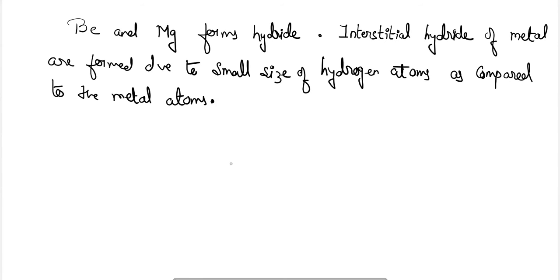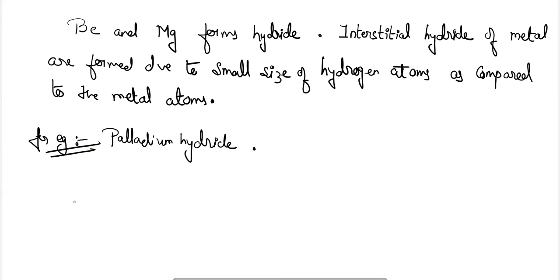Generally, examples for interstitial metal hydrides are palladium hydride and platinum hydride. These are the examples for interstitial hydrides.